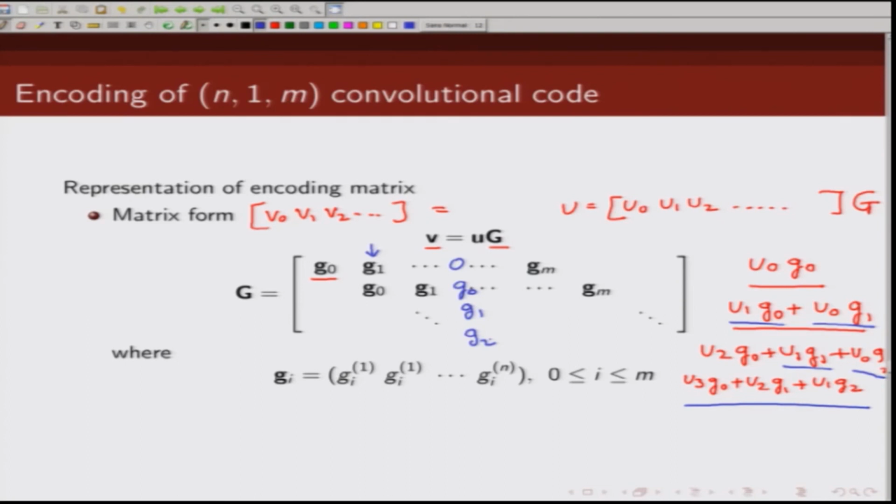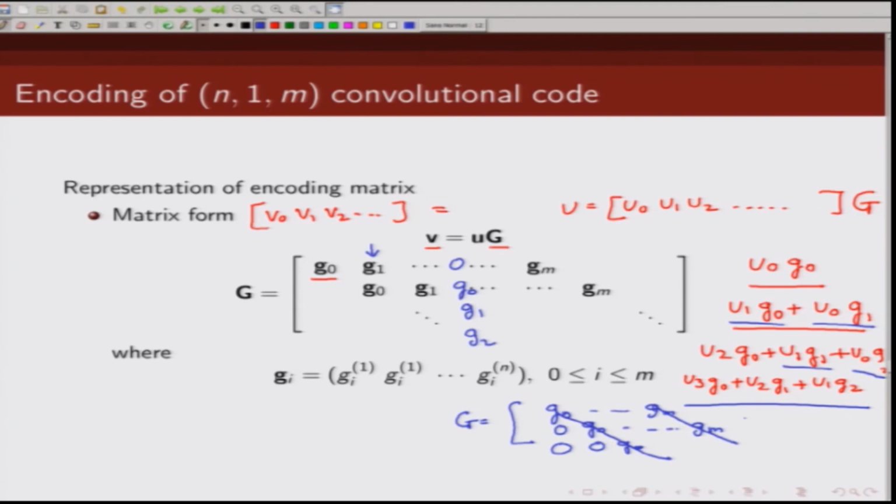So, you can see here our generator matrix is of semi-infinite form, where basically our G is something like this. We have G0 to Gm, then this becomes 0, and this is a new G0 to Gm, and then 0 0, and this is G0. So, diagonally my generator sequence is moving, and that is what I have written here.